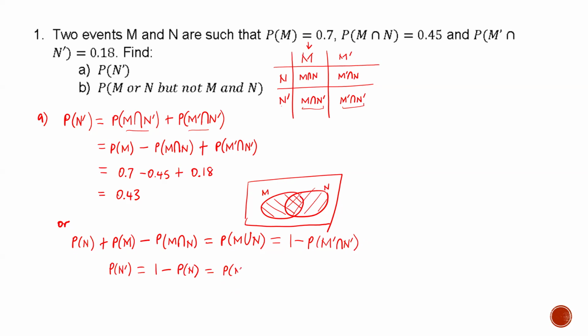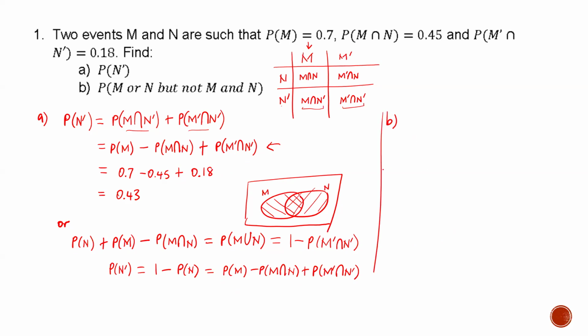You'll end up with the probability of M minus the probability of M intersection N plus the probability of M complement intersection N complement. And realize that that's exactly what we have right here. So you should get the same answer.